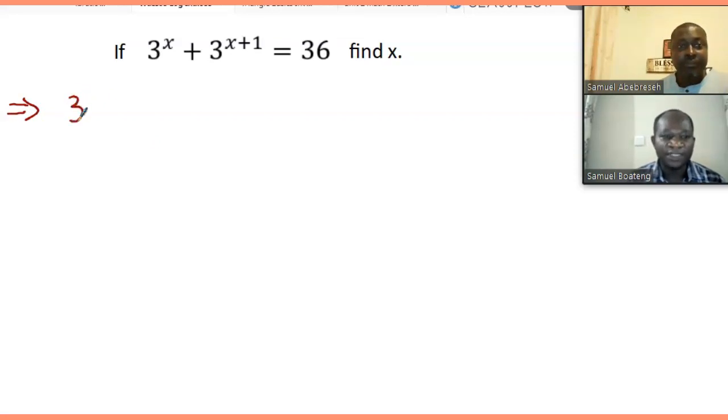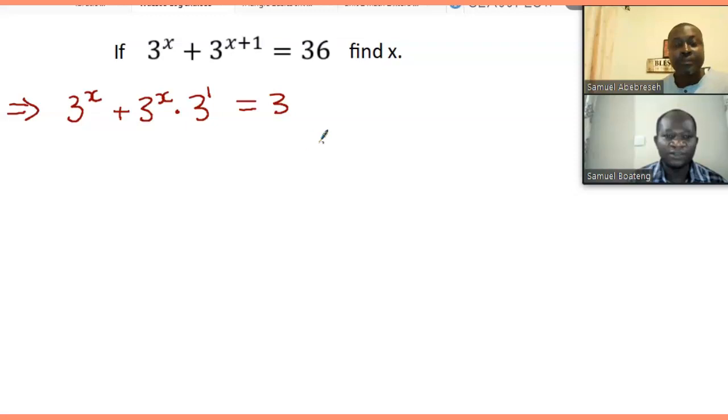So we can write it as 3 raised to the power x plus 3 raised to the power x times 3 raised to the power 1 is equal to 36. Yes, so we expanded 3 raised to the power x plus 1.